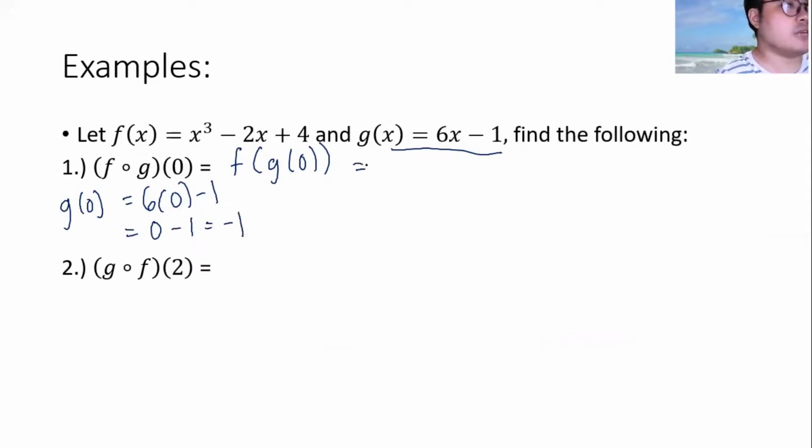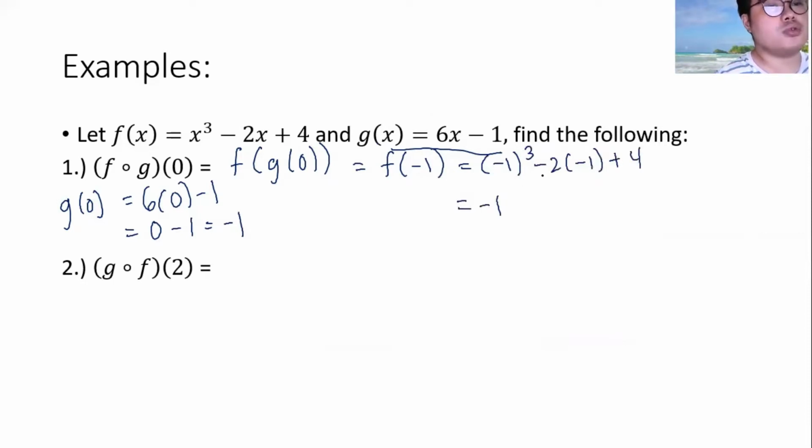So your g of 0 is negative 1. So this will be translated to f of negative 1. So you're going to substitute negative 1 here. Negative 1 cubed minus 2 times negative 1 plus 4. So negative 1 cubed will become negative 1. Then negative 2 times negative 1 will be plus 2, plus 4. Then this will become positive 5. So this will be your final answer.